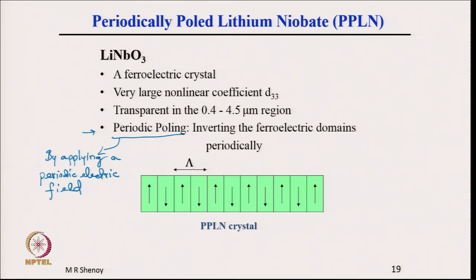When you periodically pole the nonlinear coefficient d, if it is positive here, in this it will be minus d. Here again it is positive, and in the next domain it is minus d, and this is possible to achieve. So, it is not a refractive index grating, but it is a grating of periodically inverted nonlinear coefficient in the medium, and by using this we can achieve quasi phase matching.